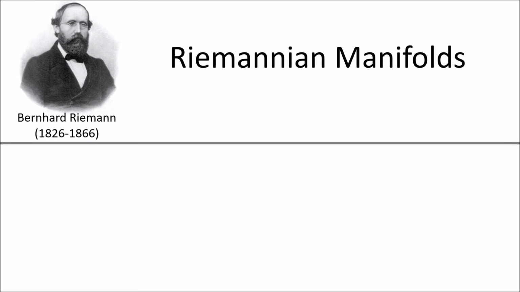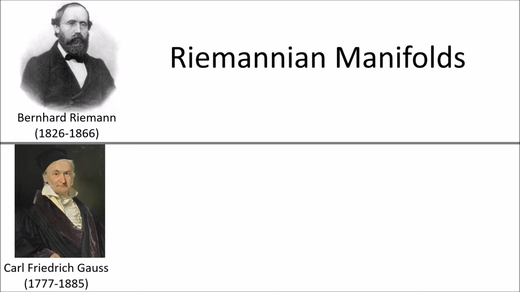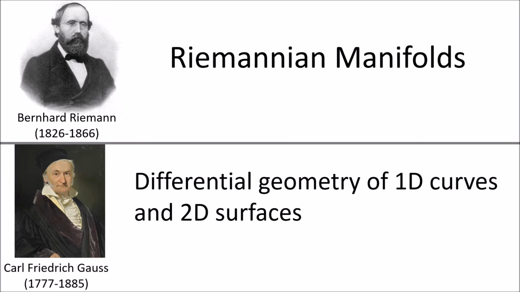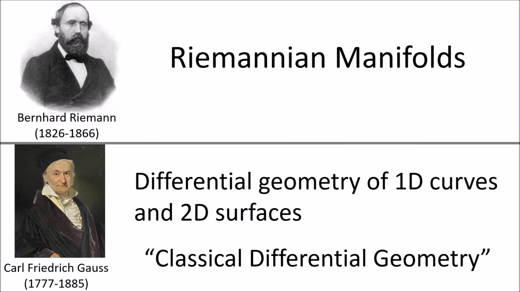Before the idea of Riemannian manifolds was invented, mathematicians like Gauss studied the differential geometry of 1D curves and 2D surfaces, which is sometimes called classical differential geometry. Gauss figured out that the curvature at every point on a 2D surface could be summarized by a single number, called the Gaussian curvature.